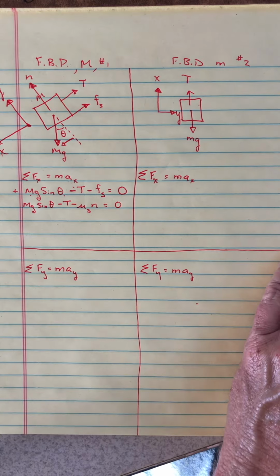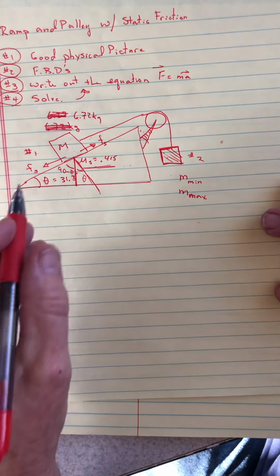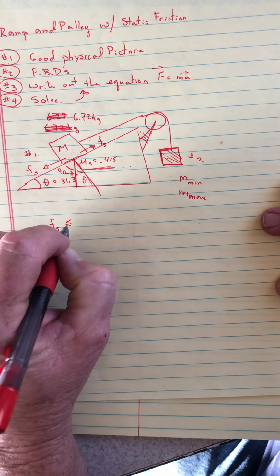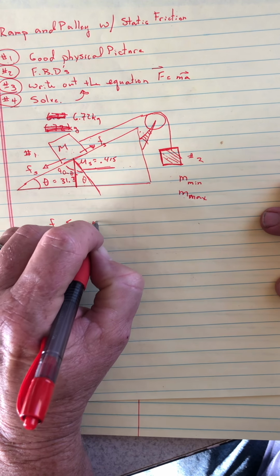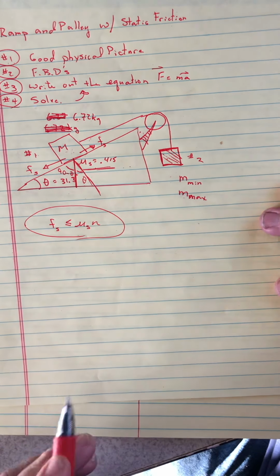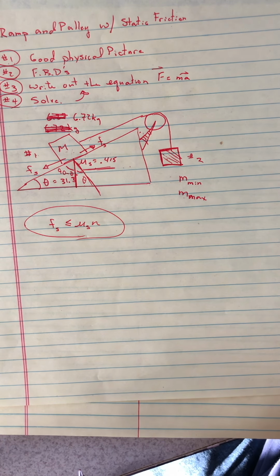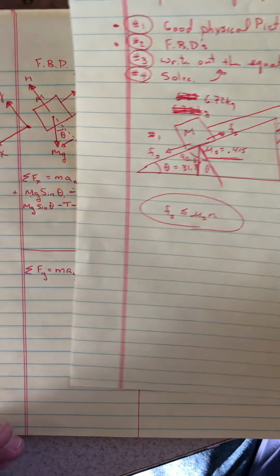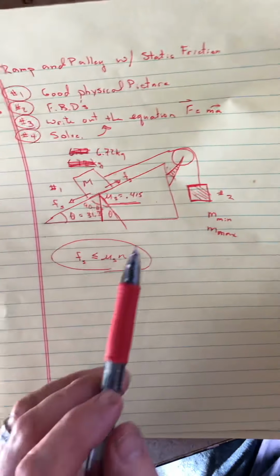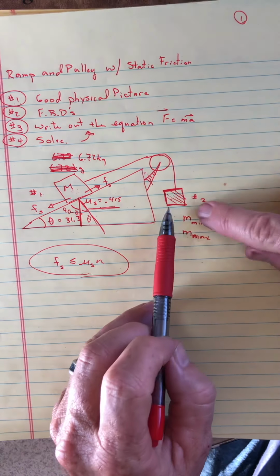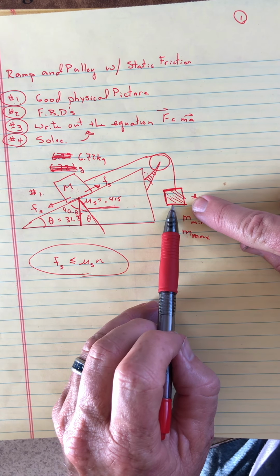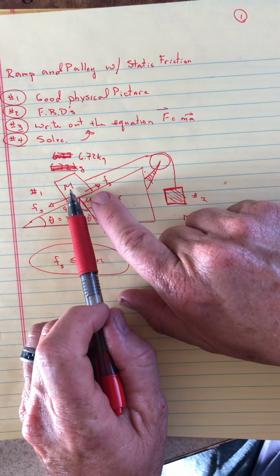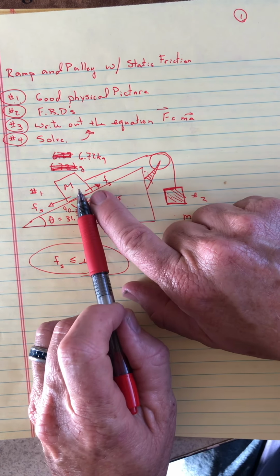Now, maybe that's worth saying, and I'll come back here to page 1. I didn't put it on here, but one of the lessons you're supposed to be learning here is that static friction is an inequality. It can be a small number up to a big number. So if we are going to mount the minimum amount of mass here, to keep it from going down, the frictional force has to keep getting bigger and bigger until it gets to its maximum.